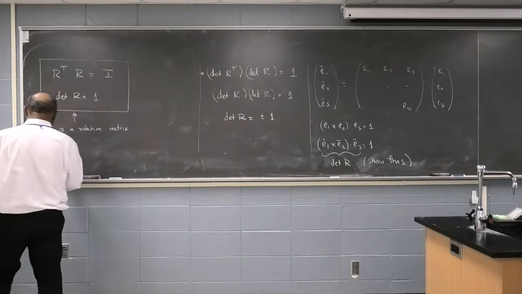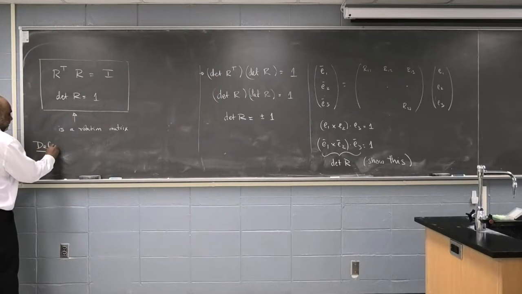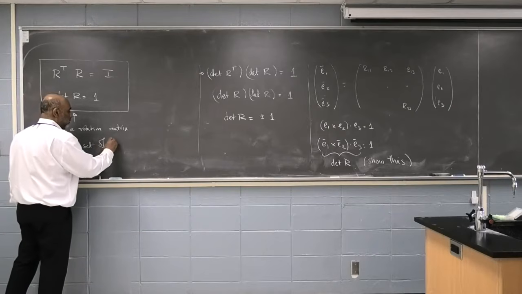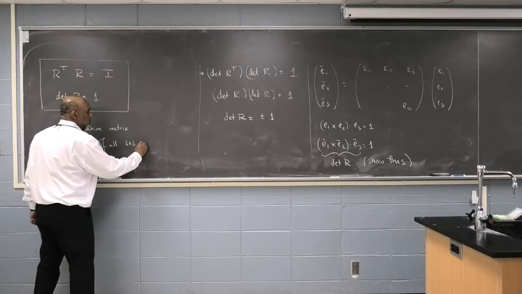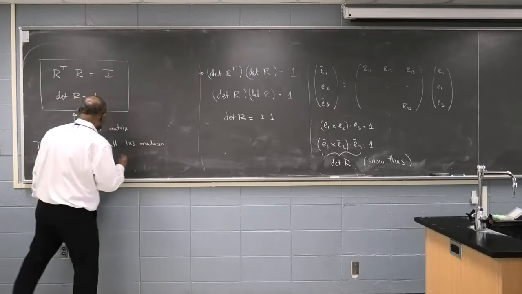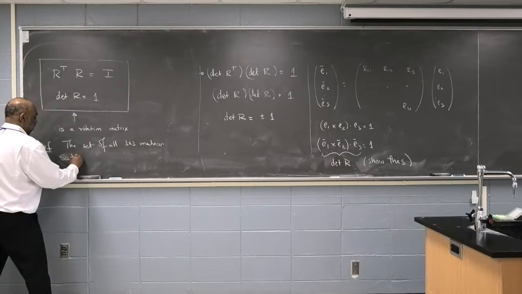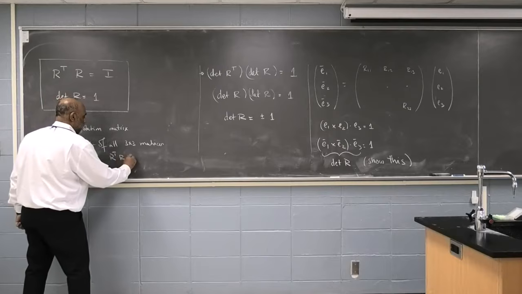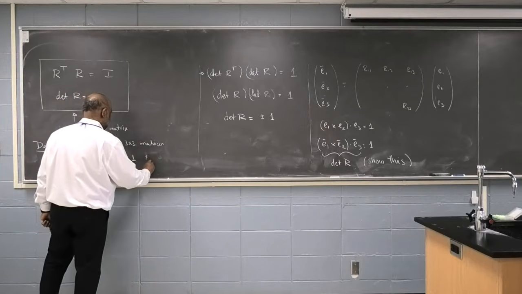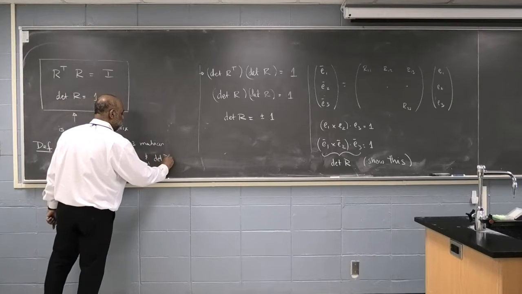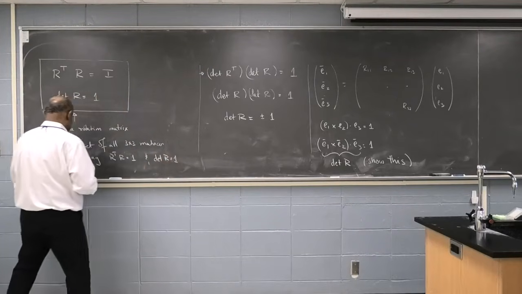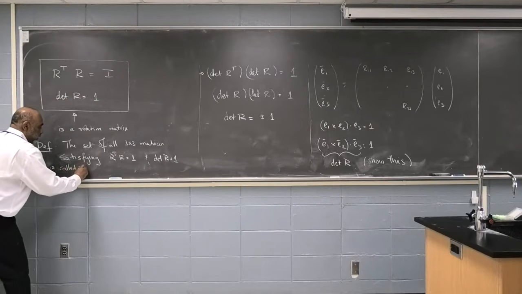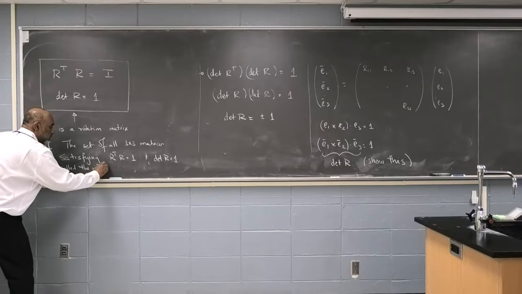So, definition: the set of all 3 by 3 matrices satisfying this is called the rotation group.